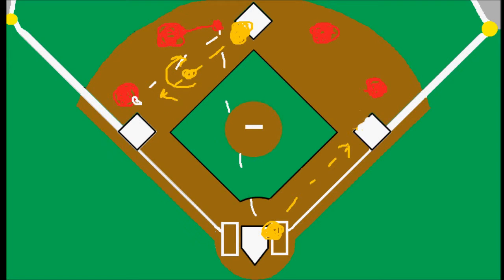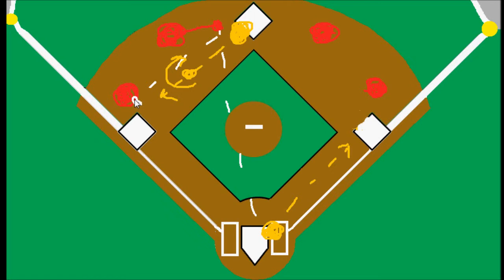Whenever the runner turns around and starts running towards second, the third baseman can run after him and try to tag him, but if the runner gets to second base first, then he would be safe.